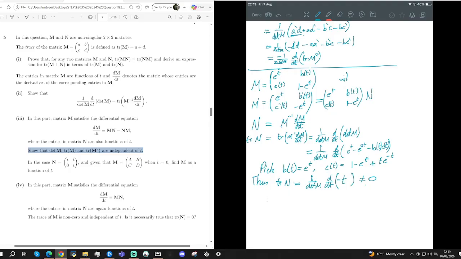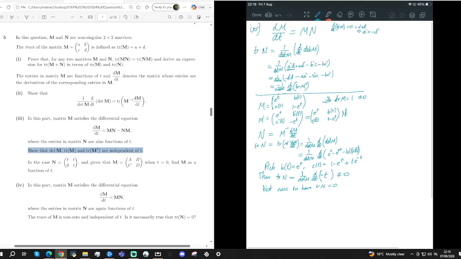With trace of m equals 1 is non-zero and independent of t, but I've managed to set this up to find an n which has a non-zero trace, so it's not necessary to have trace of n equals 0. A bit of a rough finish to that question.